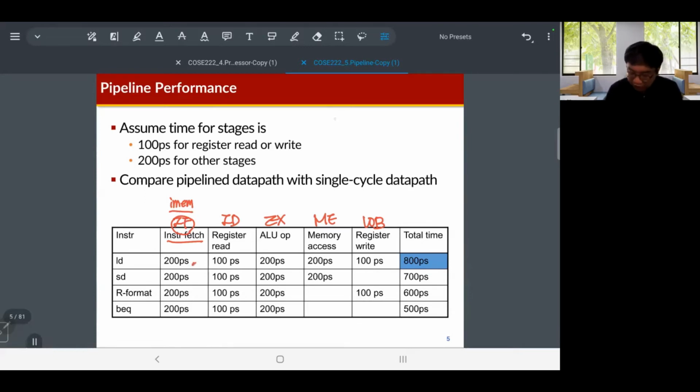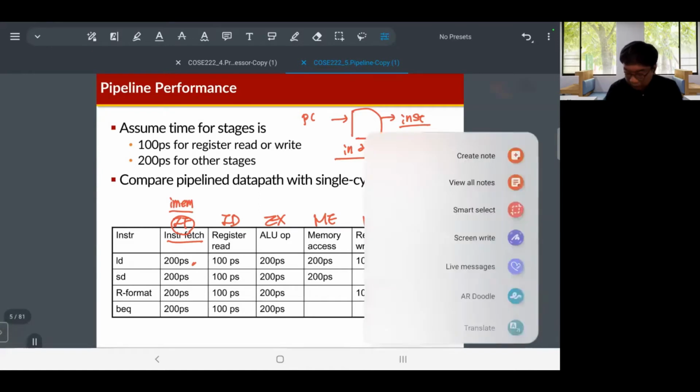Which means that when the address, the PC, is given to this instruction memory, we can get the instruction, but after 200 picoseconds. So this is the delay delta T of the instruction memory, and it's the same for other hardware components.